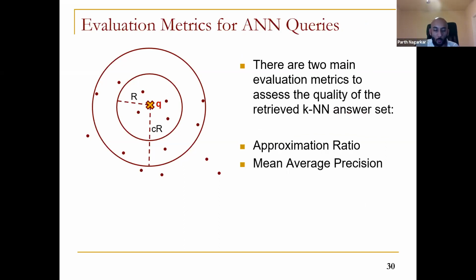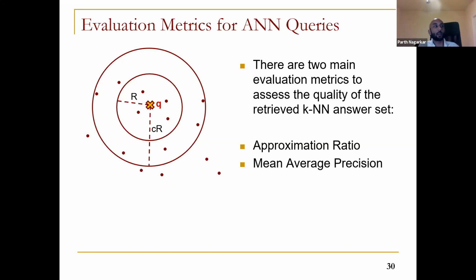Obviously when Arnab was explaining the low dimensional data sets, there were exact results. So really the evaluation metrics would be, as he mentioned, what is the index size, or how fast did you finish the query. But now, since we are dealing with some loss of accuracy, you need some more evaluation metrics apart from the traditional index size and query performance time.